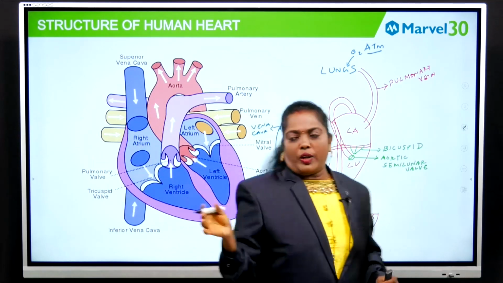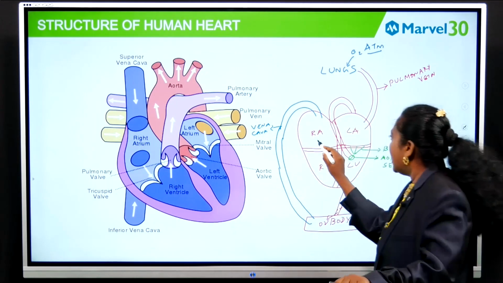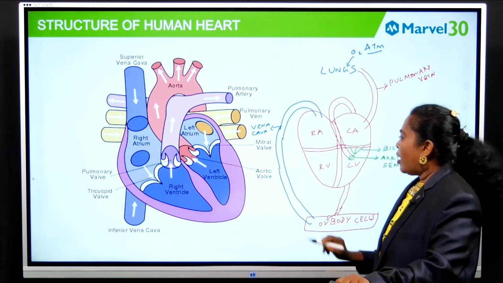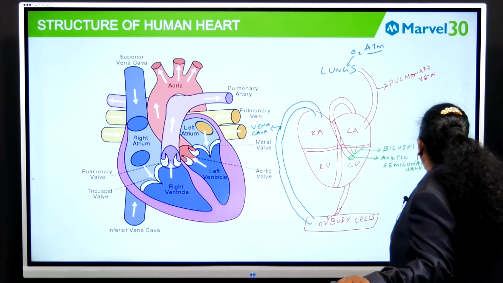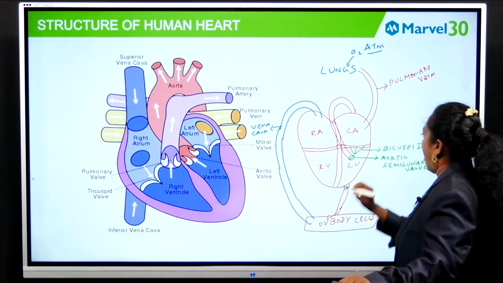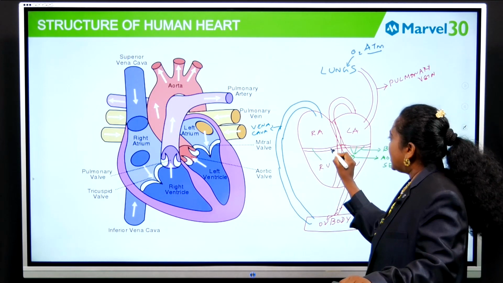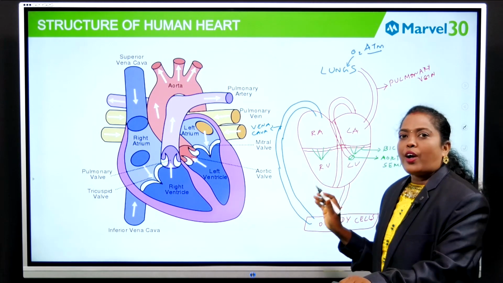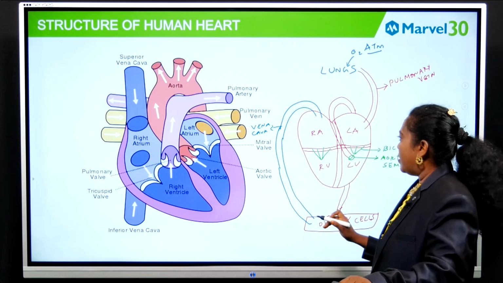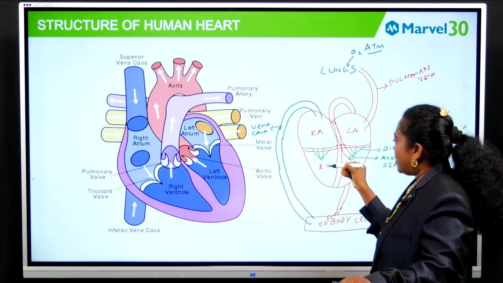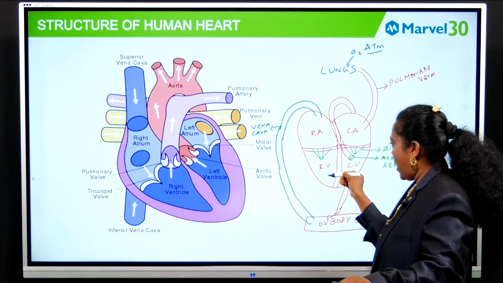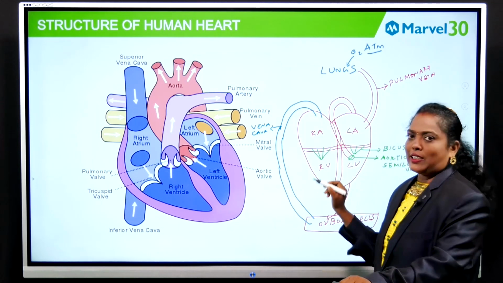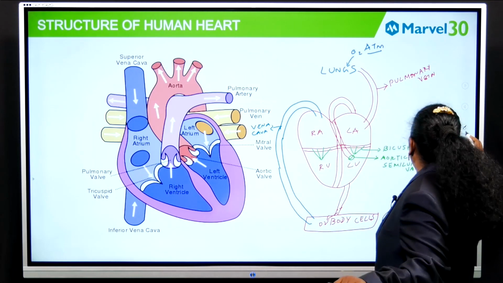So the vena cava supplies the blood to the right atrium, and here we have one more valve. This is the tricuspid valve. So from here the deoxygenated blood comes to this place, the right ventricle.